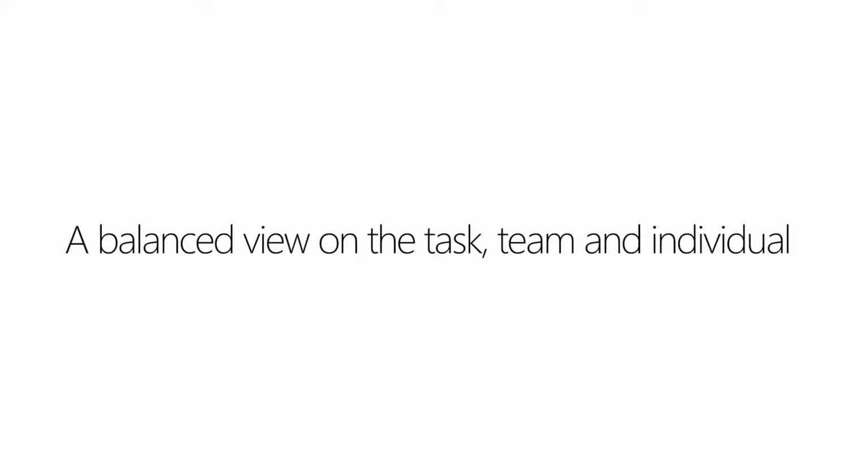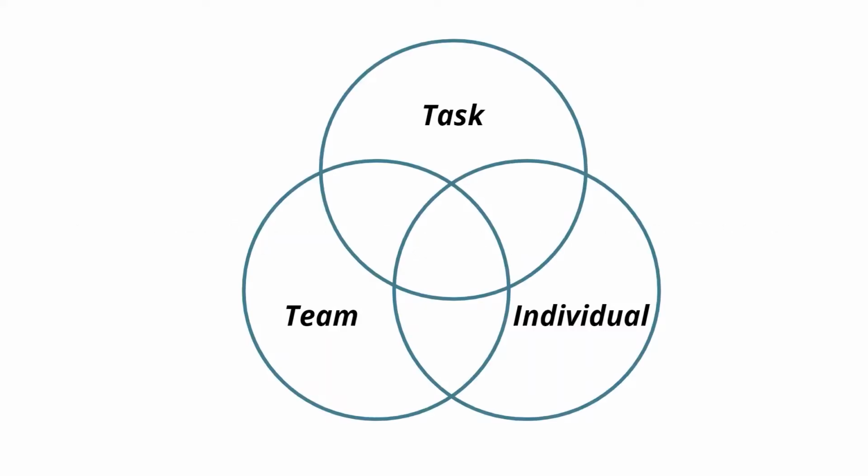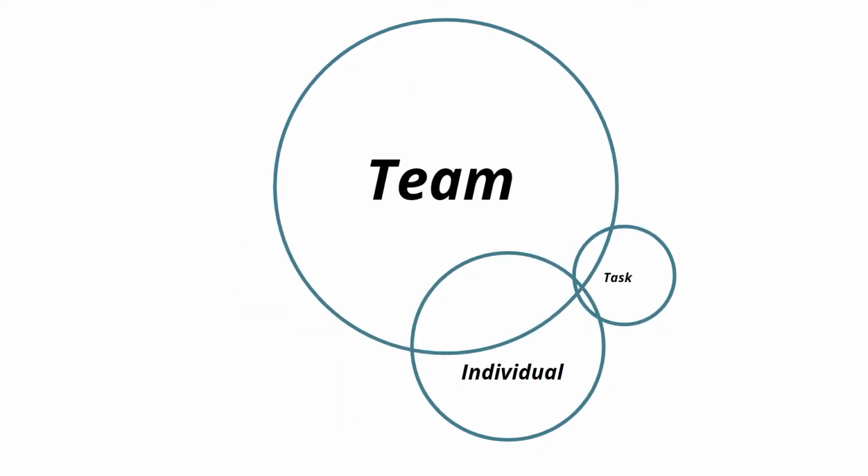And equally, again, the task is not getting done. So going back to the objective of this diagram, it is to have a balanced view of the task, the team, and the individual at all times to make sure that it's sustainable and enjoyable for everybody in the business, and also, first and foremost, that the task is getting done.